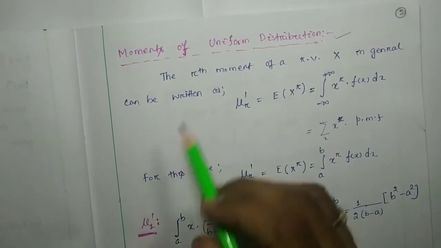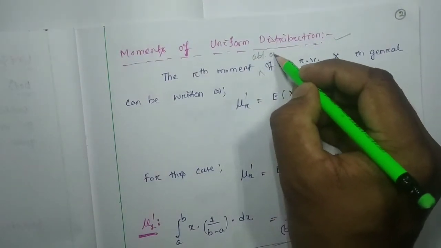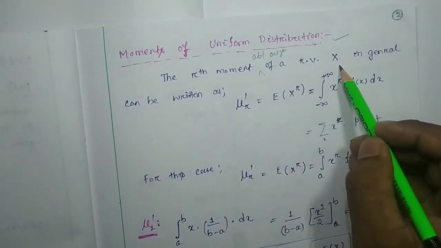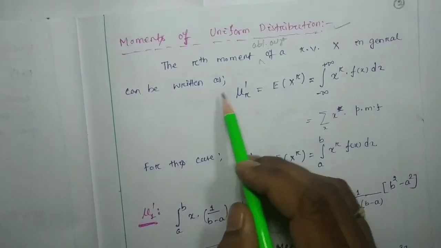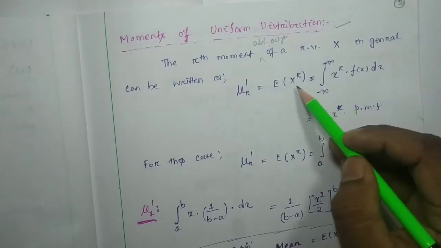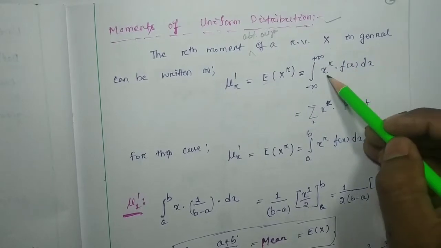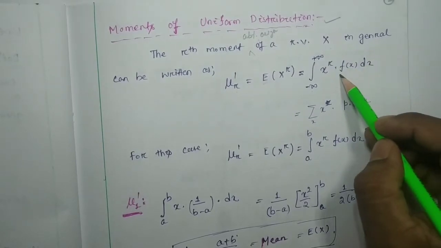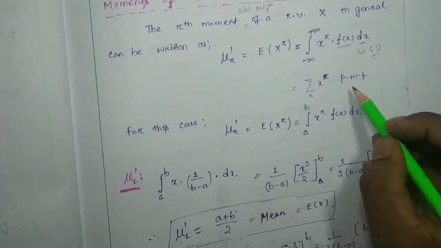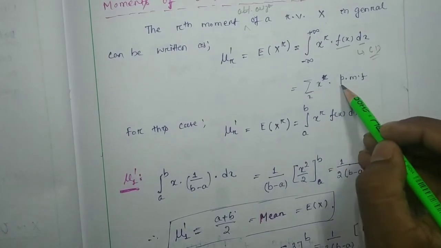The rth moment about origin of a random variable x in general can be written as, that we know, mu r dash is nothing but expectation of x to the power r, which will be equal to the integral from minus infinity to plus infinity of x to the power r into pdf into dx for a continuous distribution, and for a discrete distribution it will be summation over x to the power r into pmf, that we know.